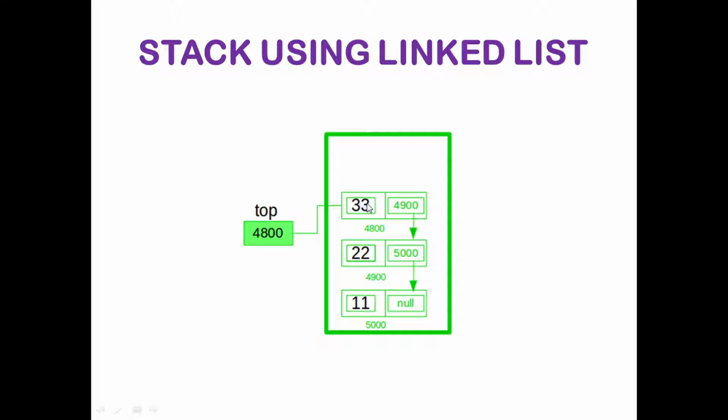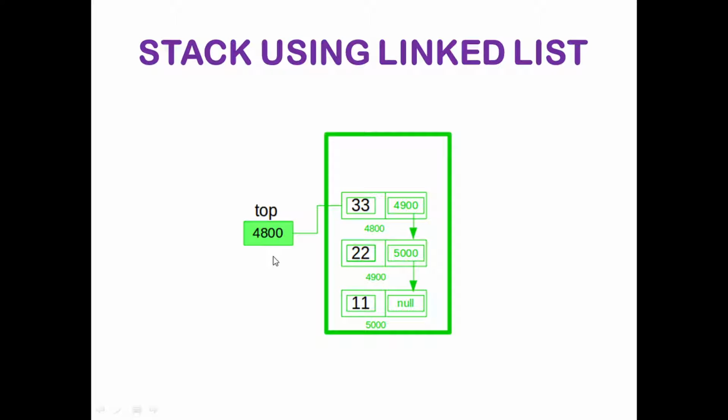The topmost node's address is 4800. So that is why the top pointer is pointing to 4800, which is the address of this node. This node is storing 4900. That means the link is established. This node is storing the 5000 address, which is the address of the bottommost. So this link is also established. So this is the stack, and the top is equal to head here.